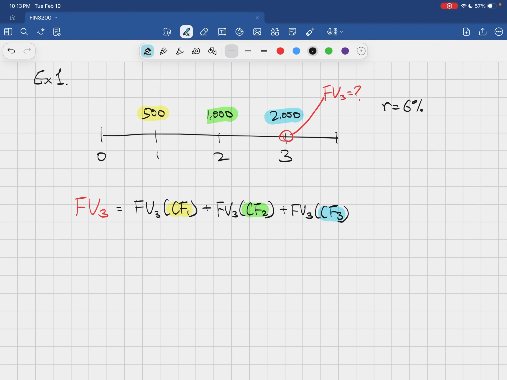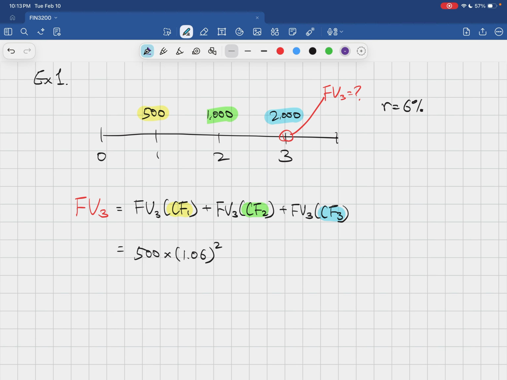Okay? So we're gonna use the future value formula to get the year 3 value of all of these cash flows. So we have 500 times 1.06, 1 plus r to the second power.